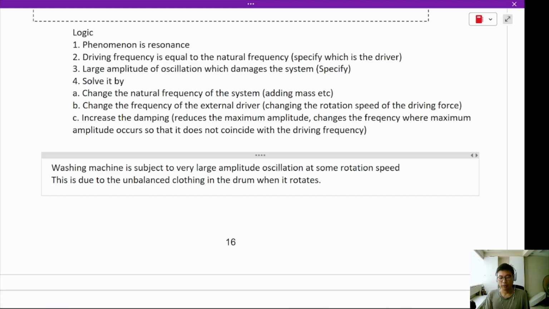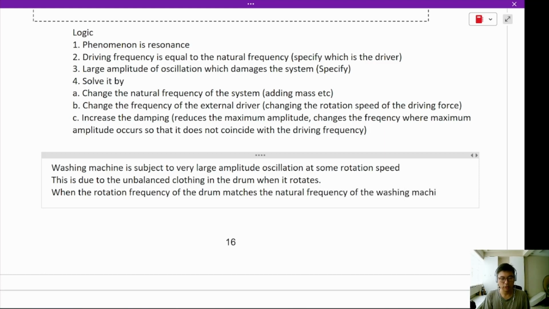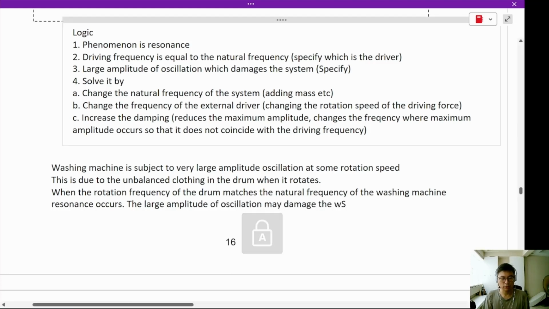So when the rotation frequency of the drum matches the natural frequency of the washing machine, resonance occurs, and then the large amplitude of oscillation may damage the washing machine.